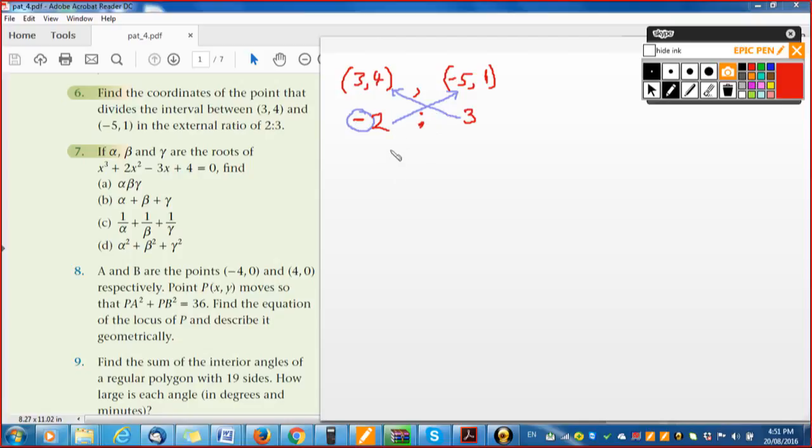So here's what you do. Let's put the negative in front of the 2. -2 times -5, what's that? 10. Yep, so -2 times -5 is 10, plus, then you do this one here, 3 times 3.